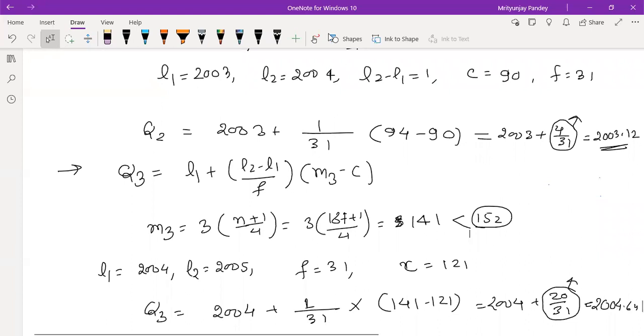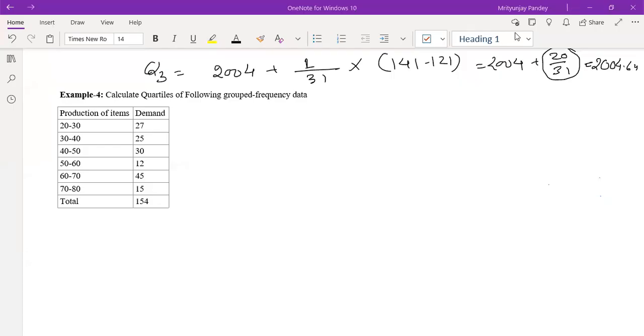Okay. So let's see another concept of this chapter. Another problem based on grouped data. You have to calculate first of all the cumulative frequency: 27. Next value is what? Tell me. 52, then 82, then 94.